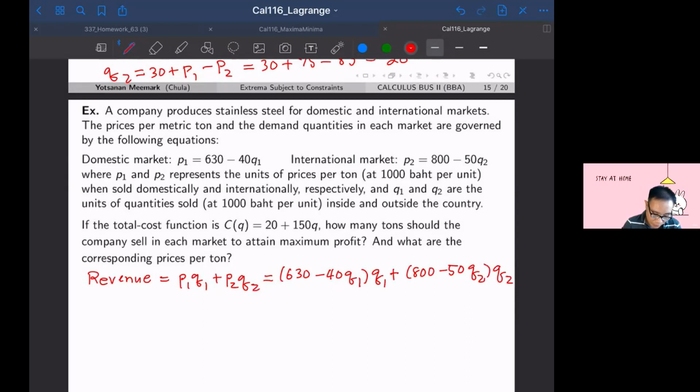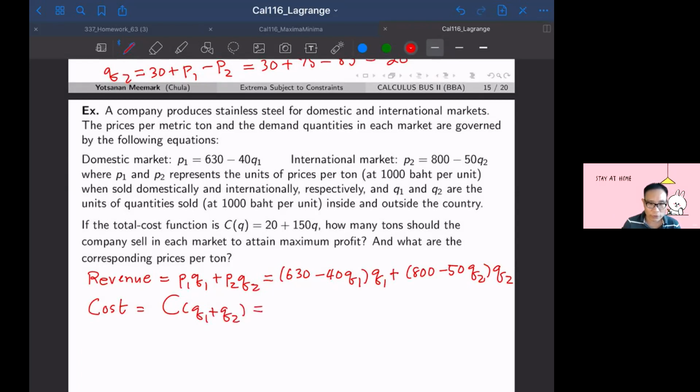And then you're gonna have the cost function. So the total cost function depends on how many pieces you have. The cost function turned out to be for Q1 plus Q2 pieces. Okay, so you need the total cost function.